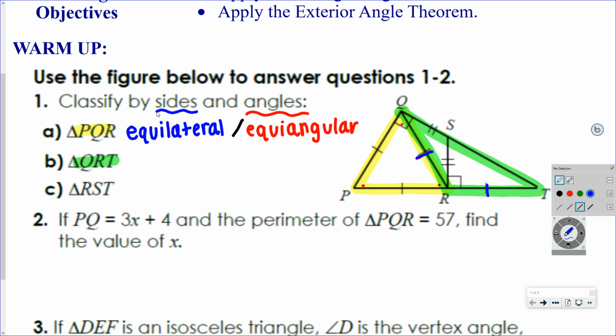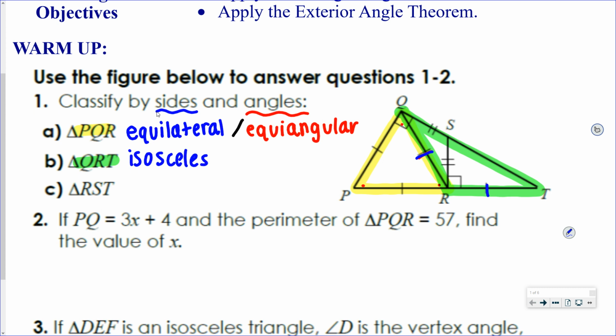Okay, you do the angles. Alex? Isosceles would be how we classify by its side. Okay, Malin, what did you classify for the angles? You were right. Obtuse, because I see it has one obtuse angle right here. This one right here. Obtuse triangle.